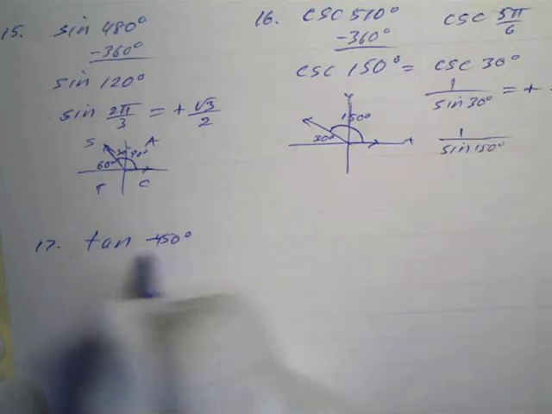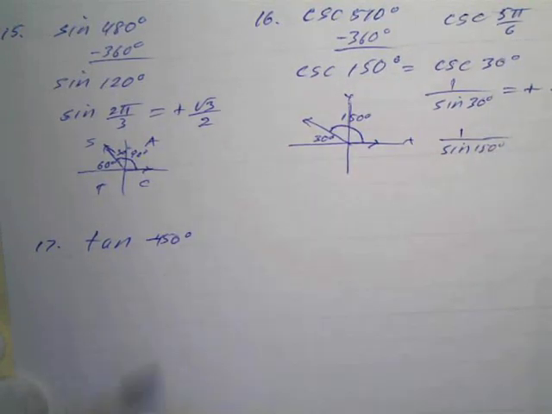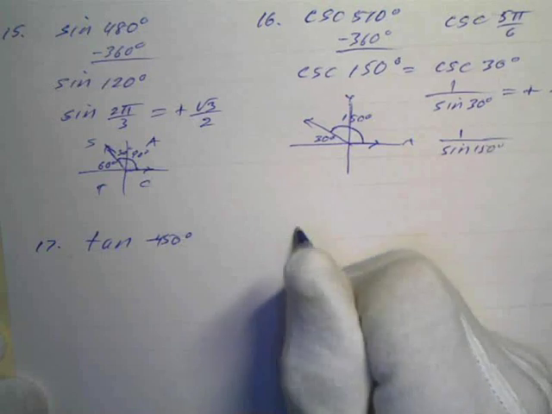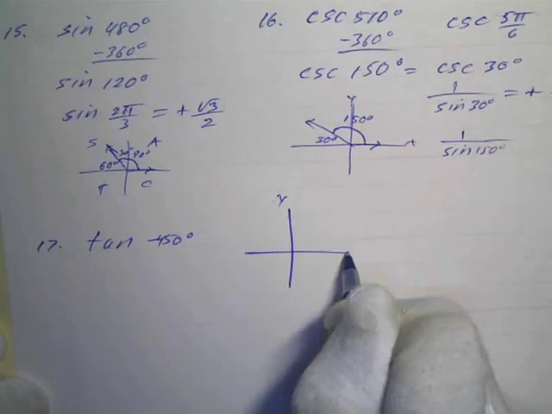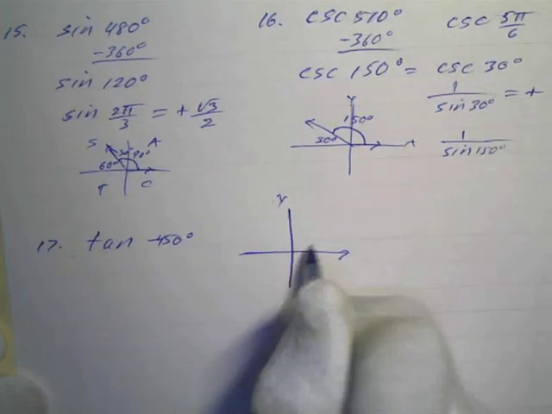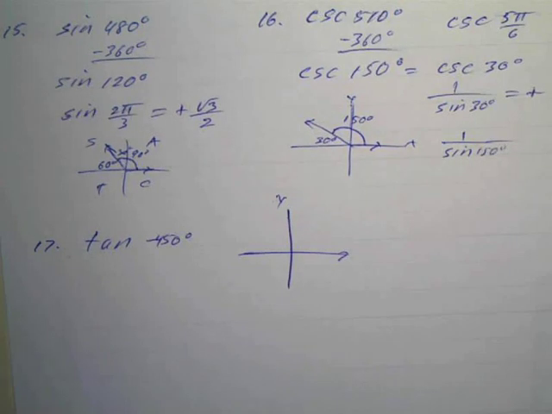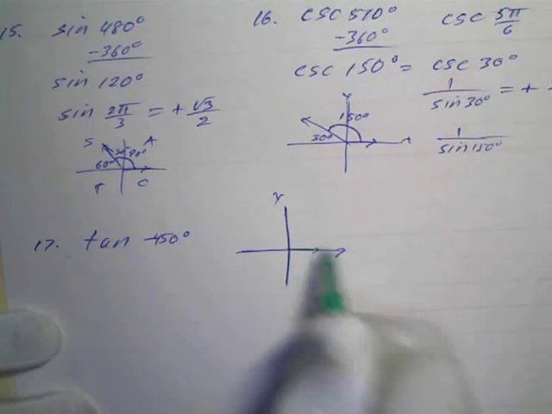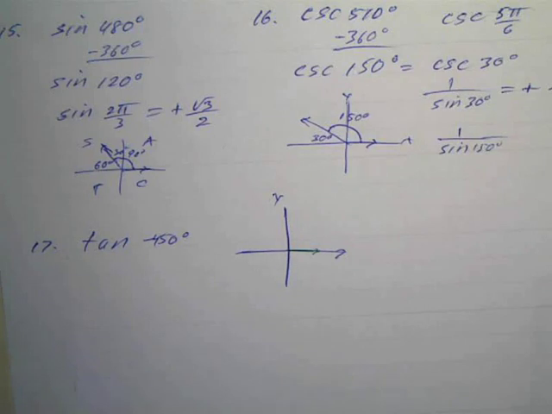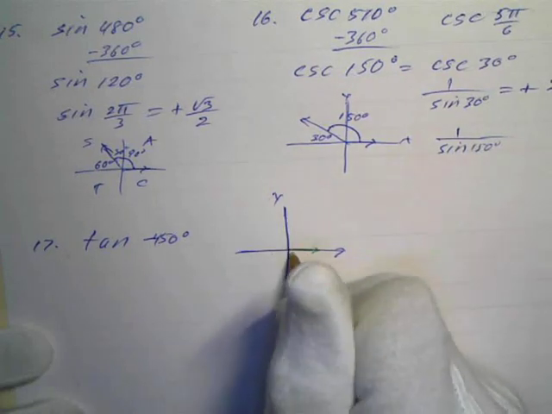So if we add 360 to that, or you can always sketch it. I'm going to start over here, and we're going to go negative 450, so I'm going to go negative 360.